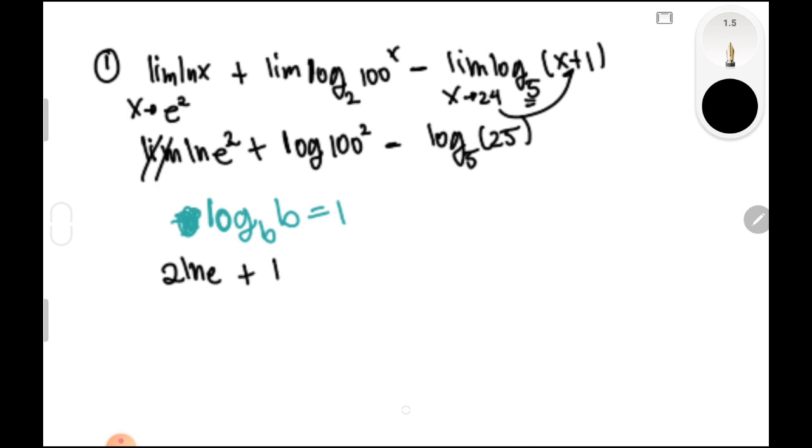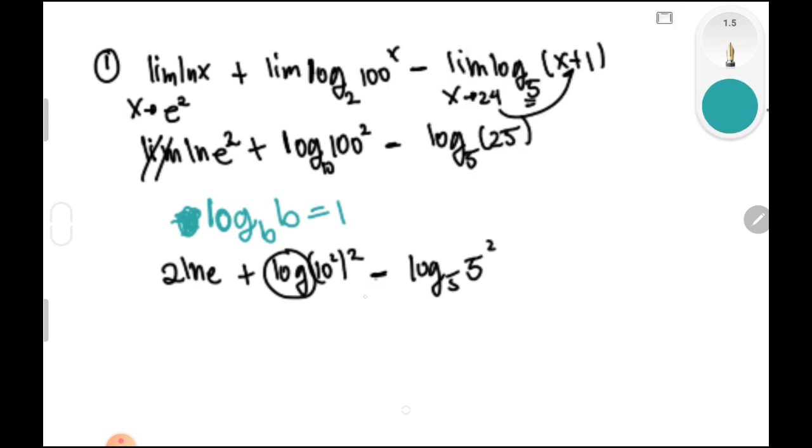plus log of 10 squared, multiplied by 2, minus log of 5 squared to the base 5. Okay, so this is a common logarithm, meaning wala siyang base, so it is understood that it is at base 10. And ln of e can be rewritten as log of e to the base e.